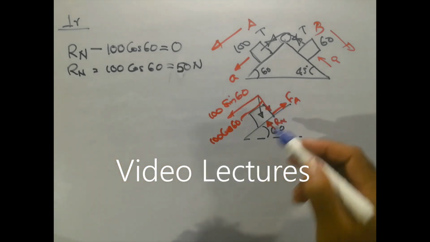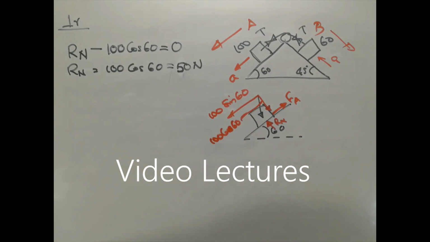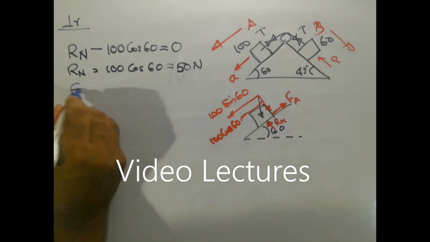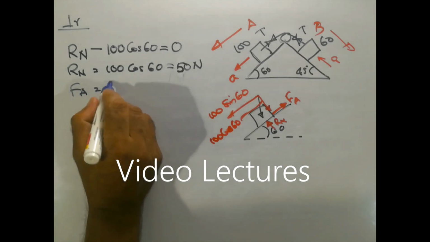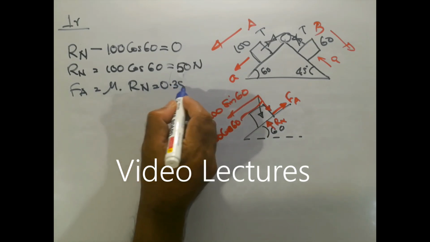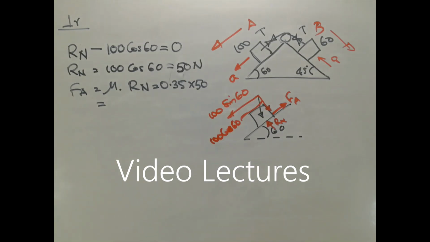As we know the normal reaction, we can find the frictional resistance between block A and the plane. Fa equals mu into Rn, that is 0.35 into 50. We can calculate it later or directly substitute that value.